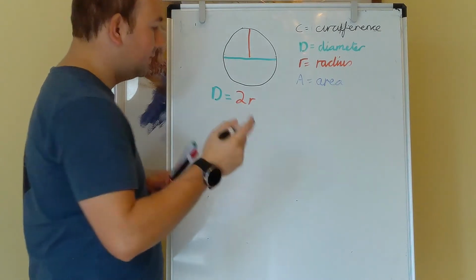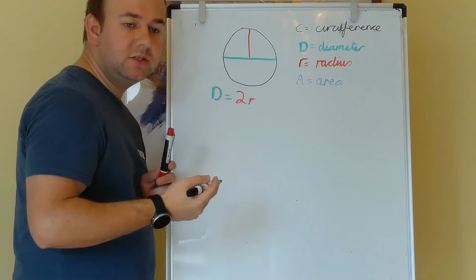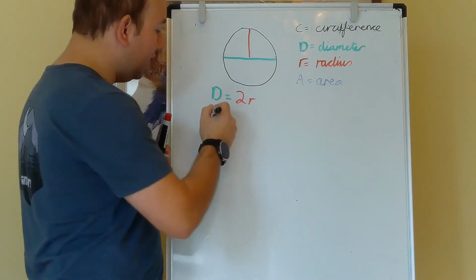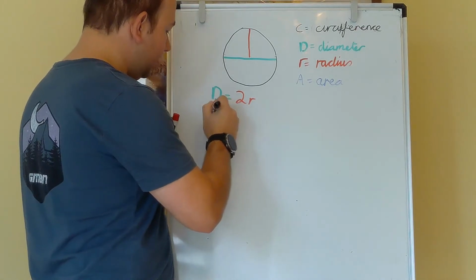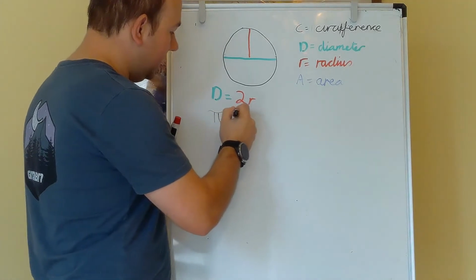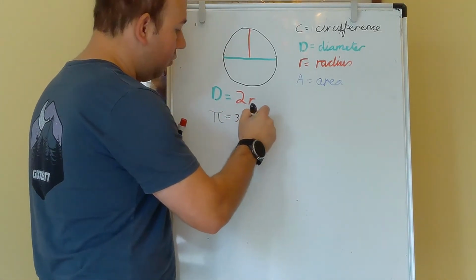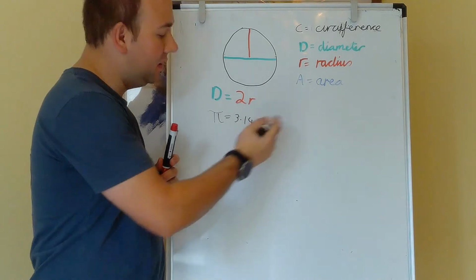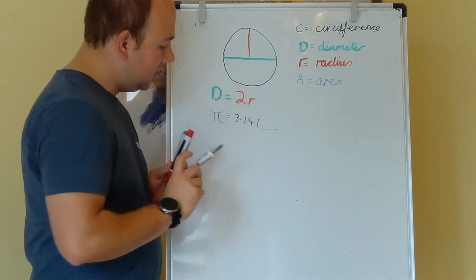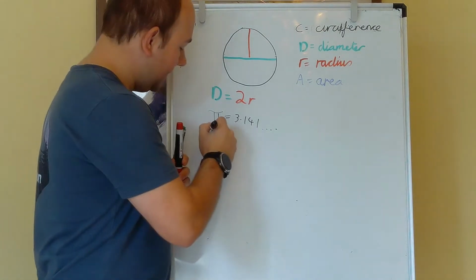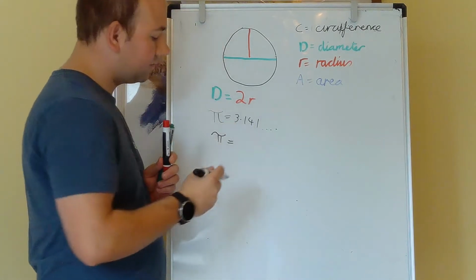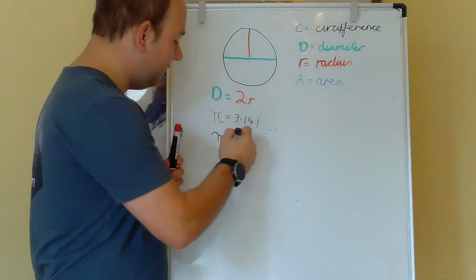When we are dealing with circles, we come across a number called pi, given the Greek letter pi, which is 3.141, and this is an irrational number, so it keeps on going on and on without repeating. Pi is the number which relates the circumference of the circle.